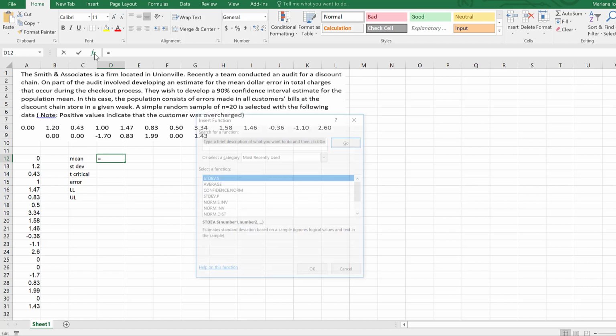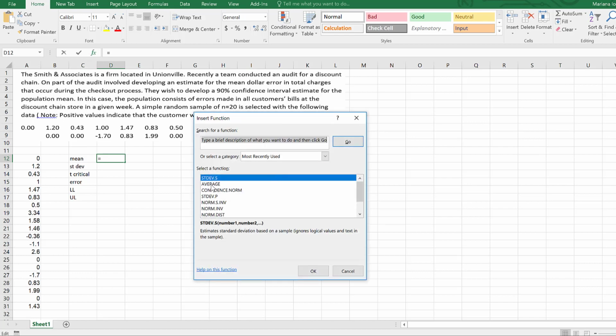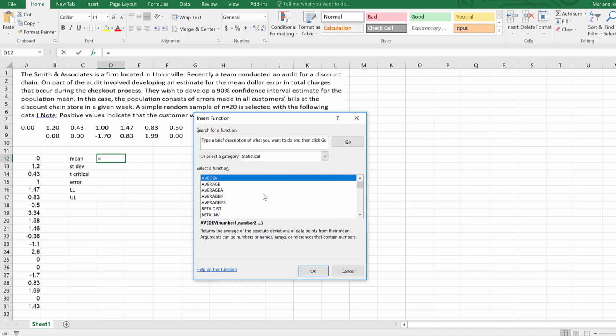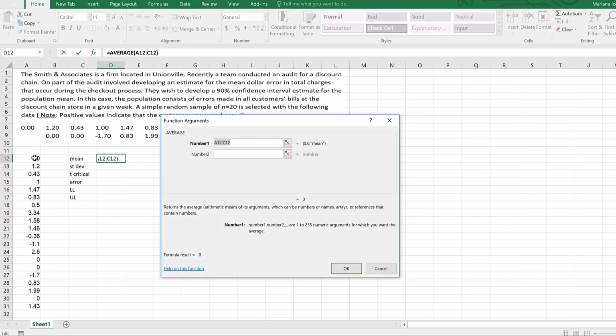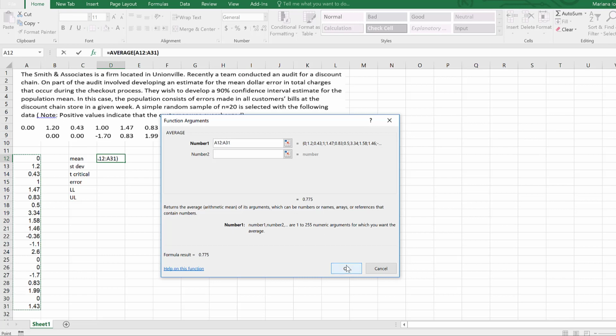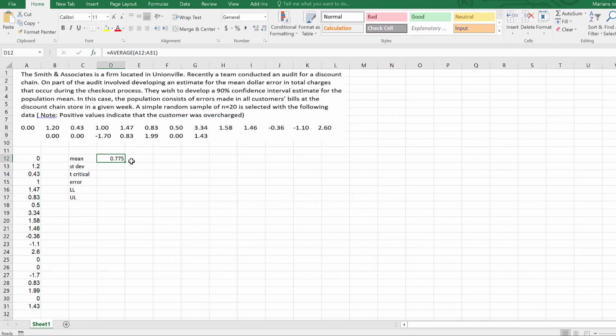I'm going in statistical functions, and I'm looking for average. So the average is 0.775.